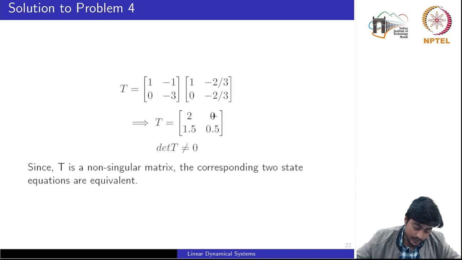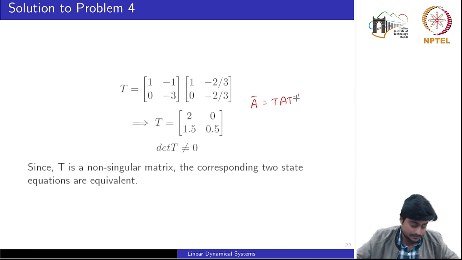So we have computed in fact two different non-singular transformation matrices by which those two pairs are equivalent. Now you can verify by yourself that for this T matrix, the first relation, that is A bar is equal to T inverse, should also be verified.